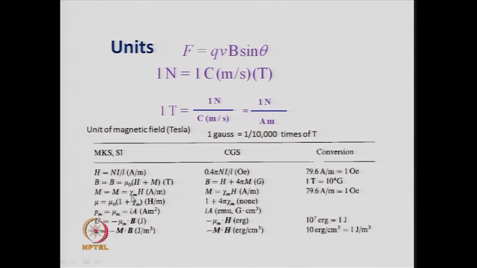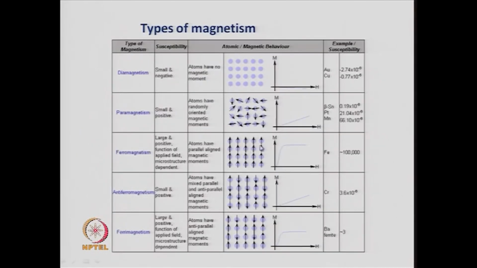For 1 mole, what is the magnetic susceptibility? Magnetic susceptibility is basically when you have a magnetization and you divide it by the applied field. So, more or less, magnetic susceptibility is proportional to the magnetization.